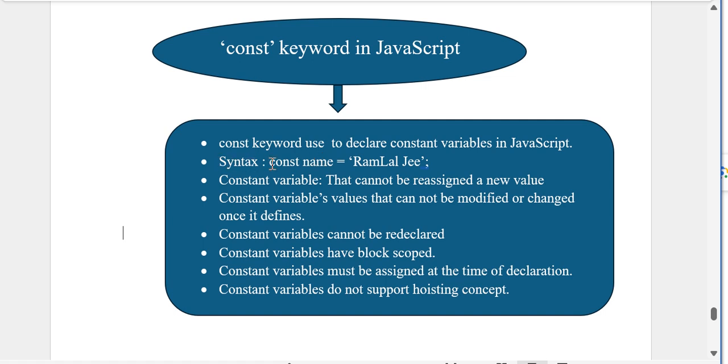The syntax: how to declare a constant variable. We need to use the const keyword. We have already discussed how to declare a variable, so we are using the const keyword to declare a constant variable. What is the variable name here?